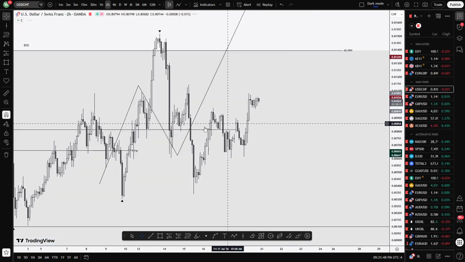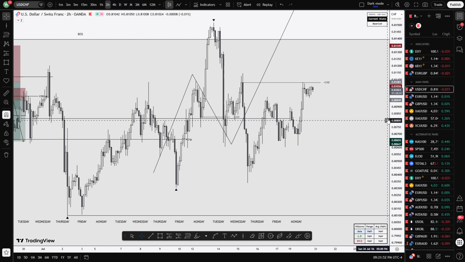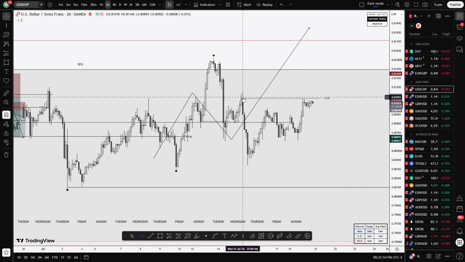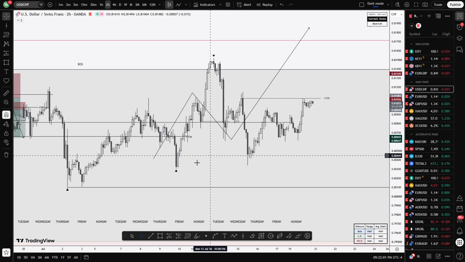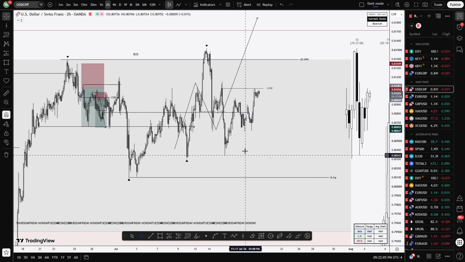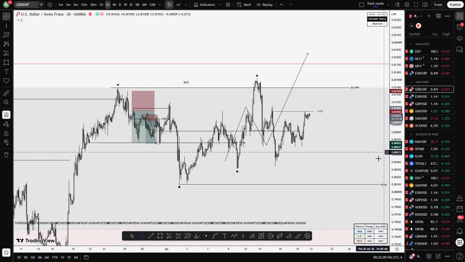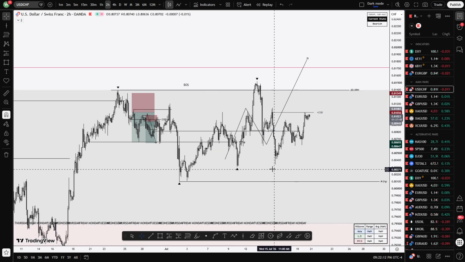For USD Chef, we've had the same thing as in the dollar, right? We've not broken above this high yet. So we're still overall short-term bearish, right? And ideally, I would love to see price trade lower anyway. But if we break above this high, it means price is going up.